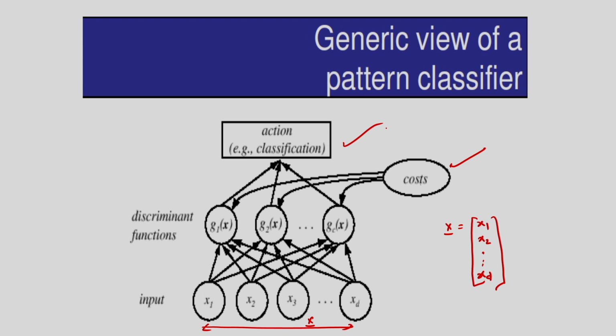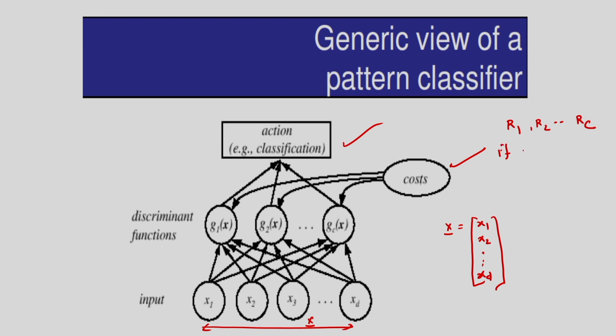So what is the function of the discriminant function? It divides the feature space into C decision regions. The decision regions are R1, R2, like this, these are the decision regions up to RC.